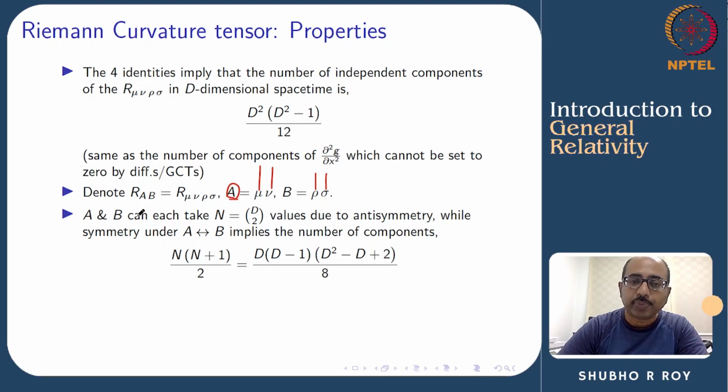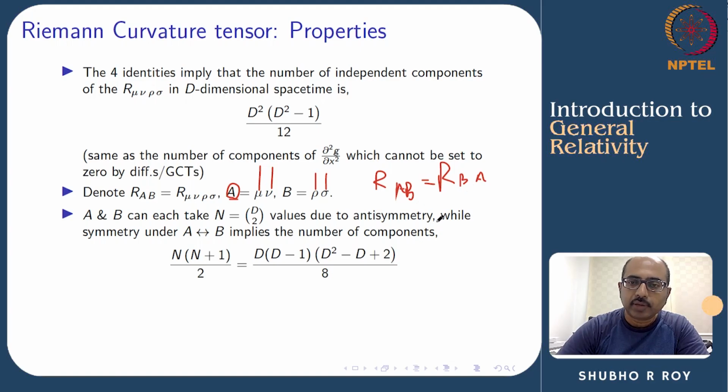But we also have the pairwise symmetry. So R of AB is equal to R of BA. That is the same as the pairwise symmetry of the Riemann curvature tensor. So we can think of this as a 2x2 matrix which has pairwise symmetry, which has this exchange symmetry.